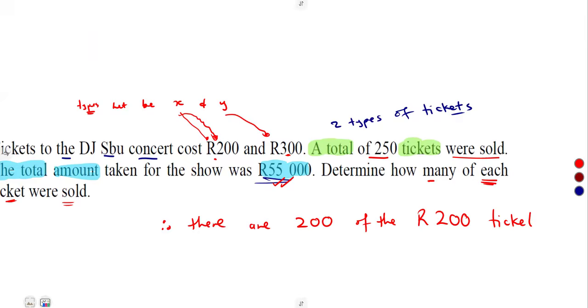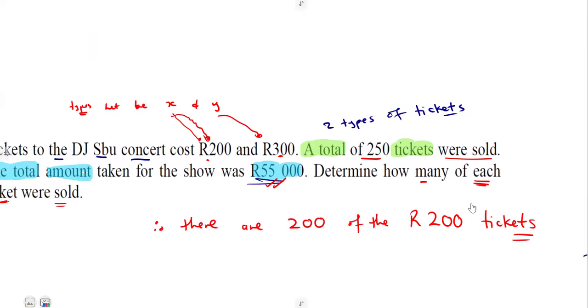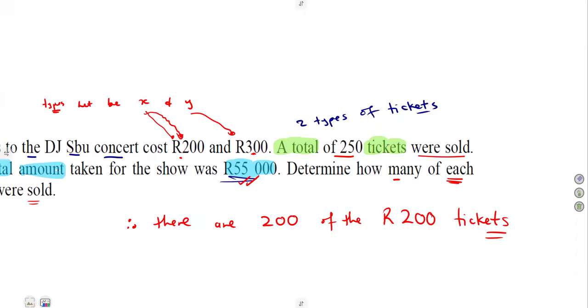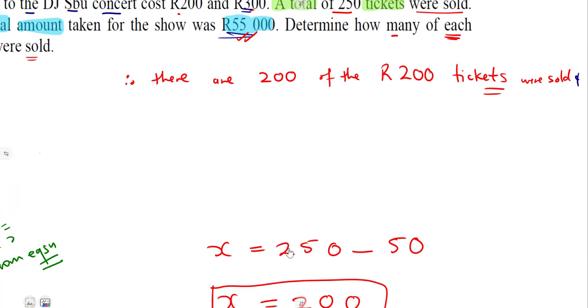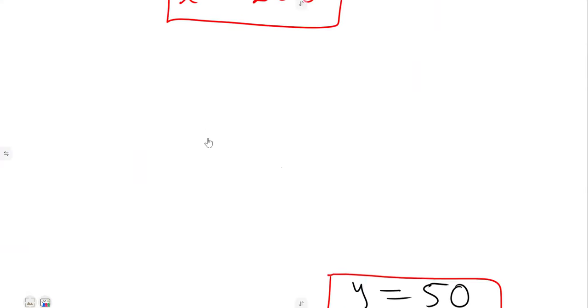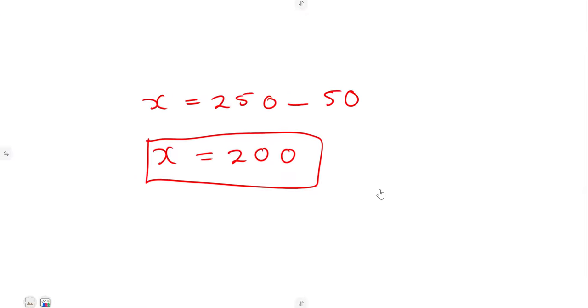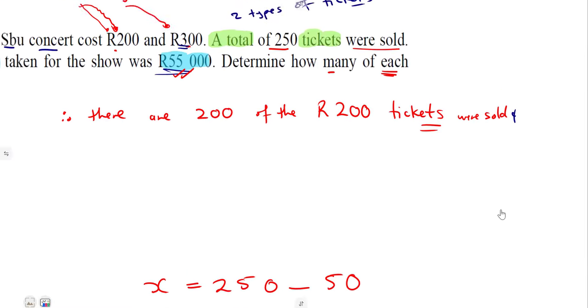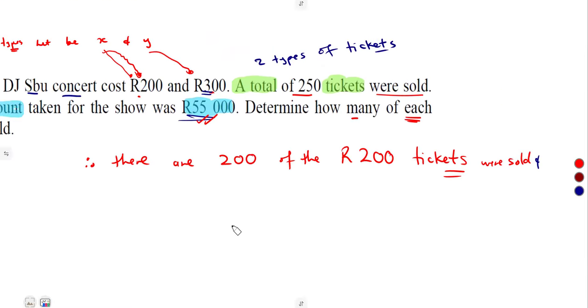So this is the idea of what were sold. And Y represents the 300 Rand ticket.